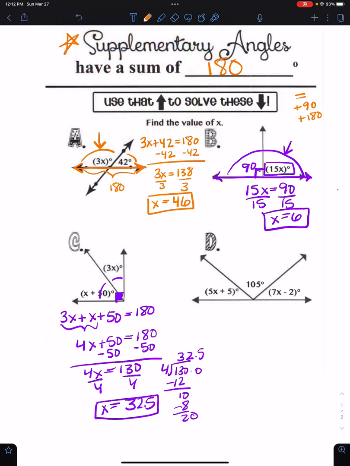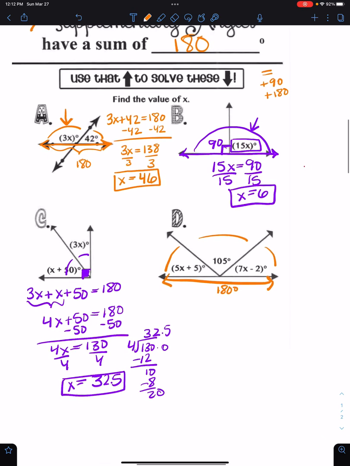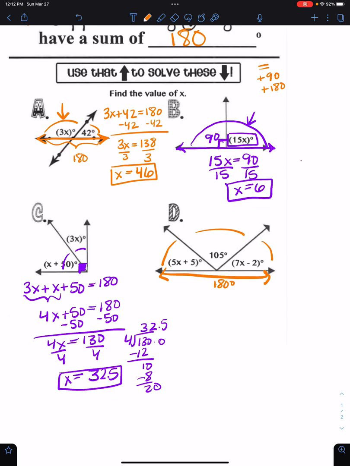And in my last example here, all 3 of these make this straight line. We know that straight lines are 180 degrees. So if I add up those 3 angles, I'm going to get 180. It's going to start off looking really complicated because we're going to have a lot of terms on the left side of the equation, but I have 5x plus 5 plus 105 for the middle angle plus 7x minus 2, and that equals 180.